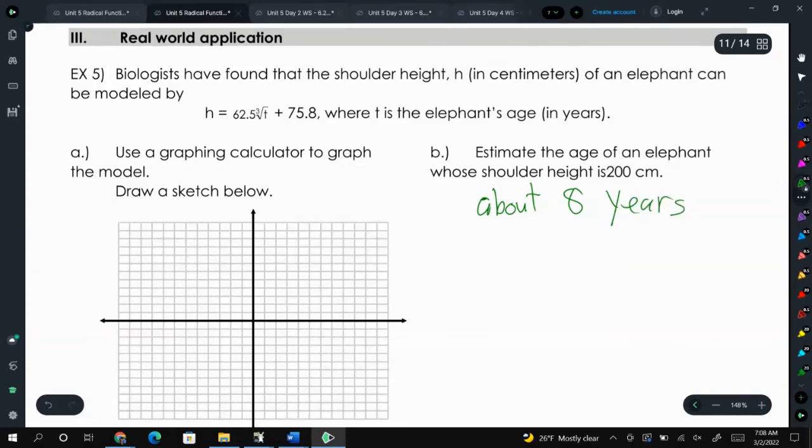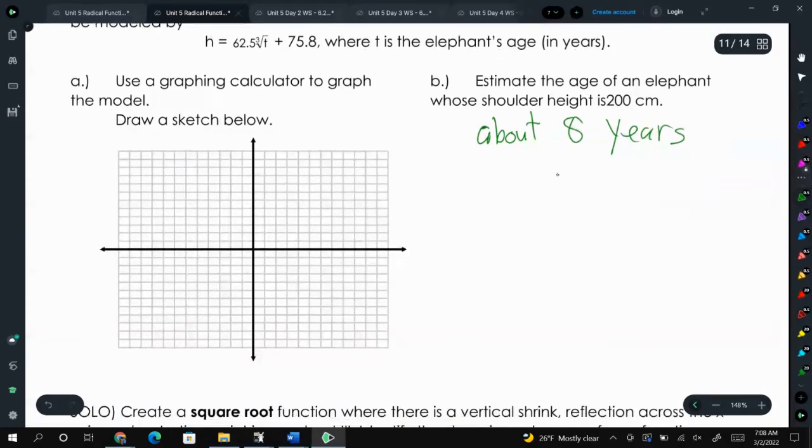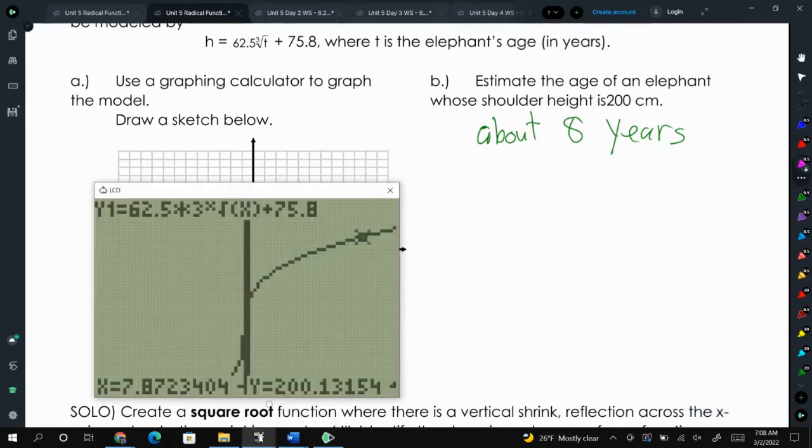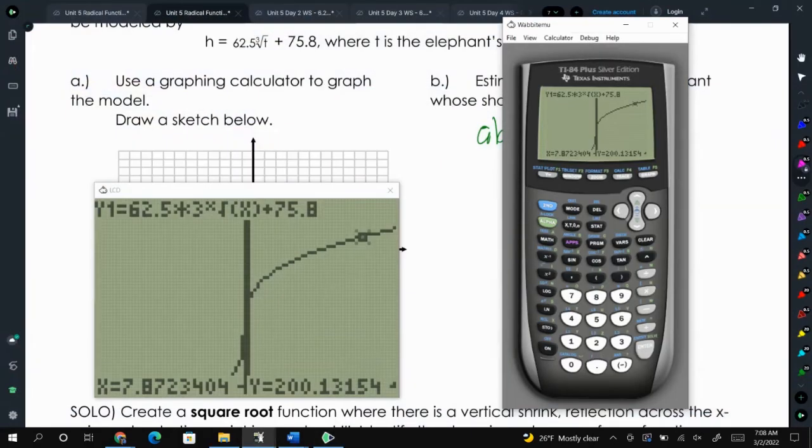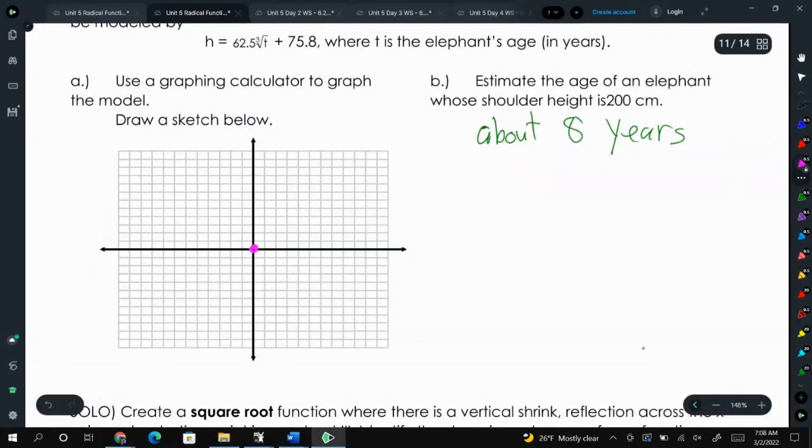In that sketch, it looks like a normal cube root function. Start at 0, 0. If we wanted to be a little bit exact, we have a point 1, 138. If we go up by maybe 50s, each tick mark is 50, every 2 tick marks is 50.